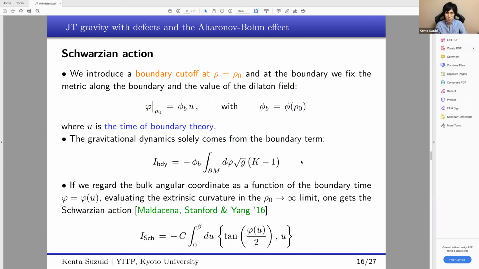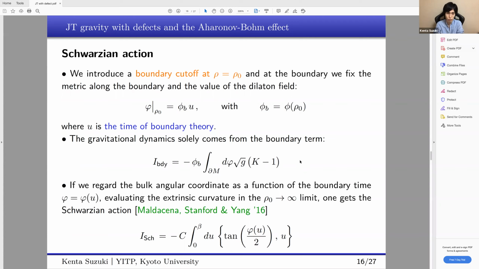Now, for this generalized JT gravity, we can obtain it by dimensionally reducing the so-called SL2Z black hole, which is also a solution of pure Einstein gravity in AdS3, but the boundary torus is twisted.